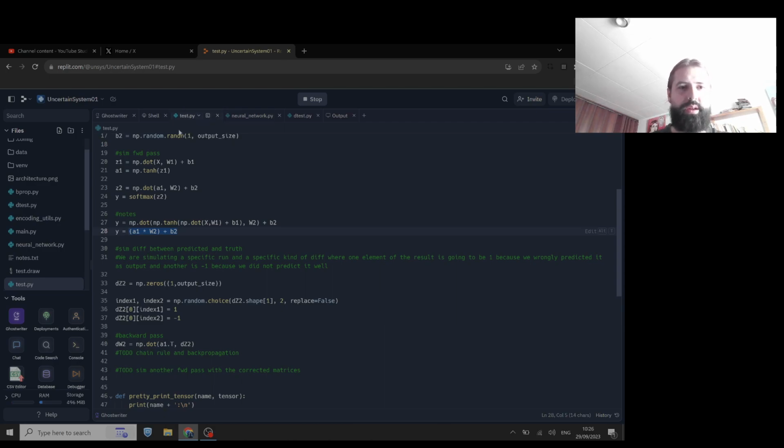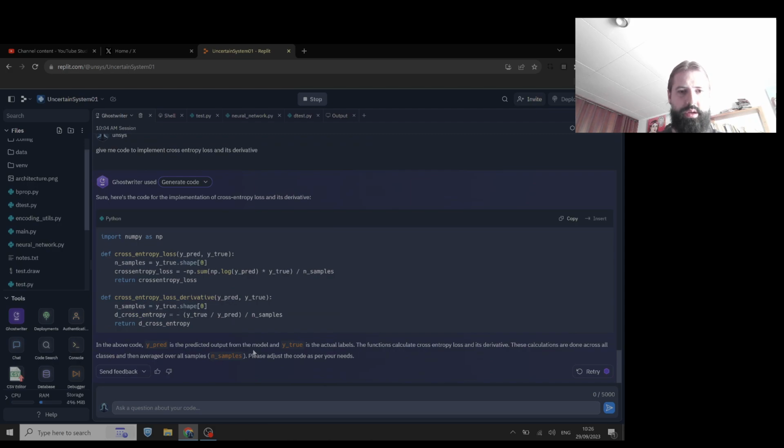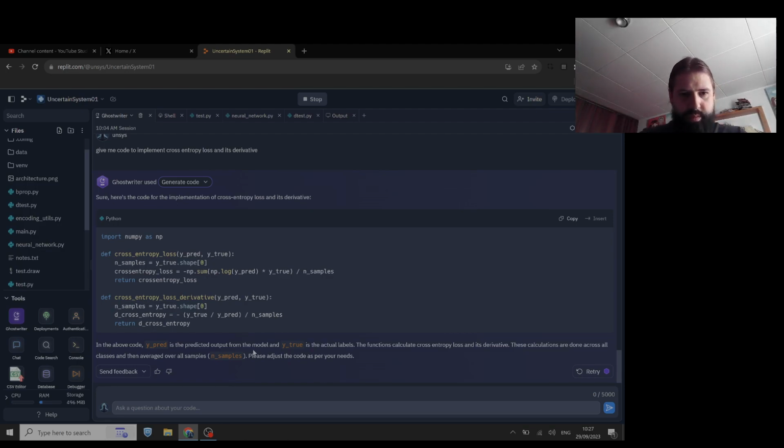But then cross entropy, if I take the derivative of cross entropy, this is odd because this does not include any derivative of y, right? So what's the cross entropy formula?